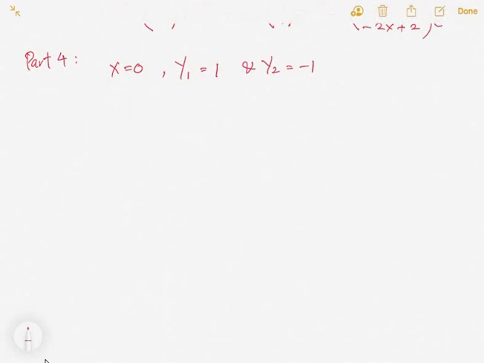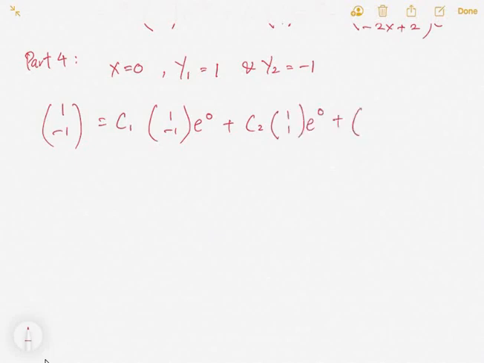You just substitute the values into the general solution. From here you can generate 3 equations.